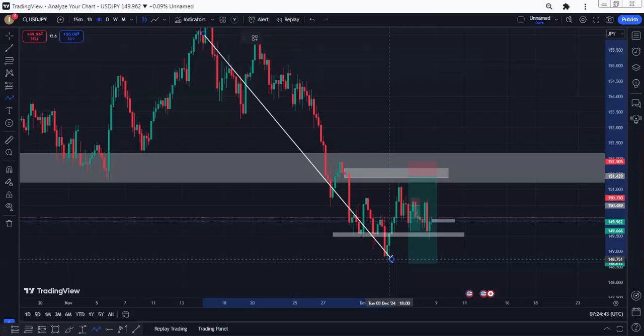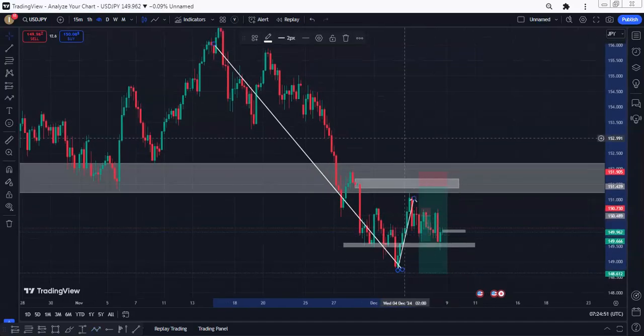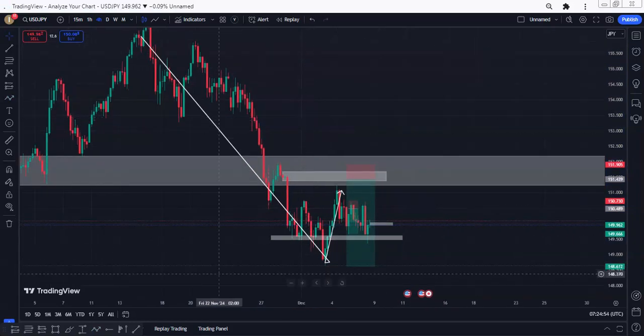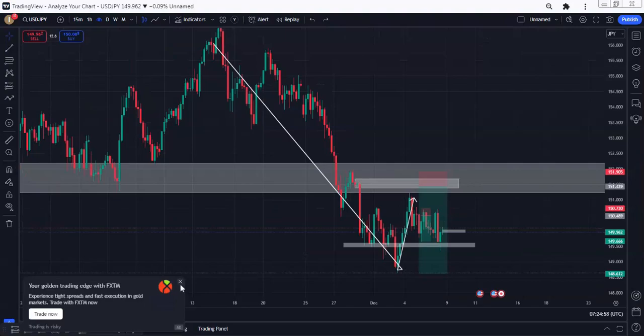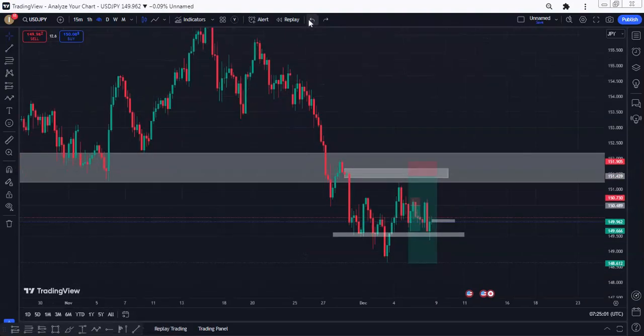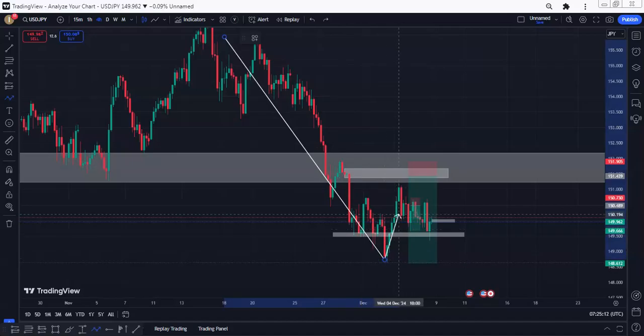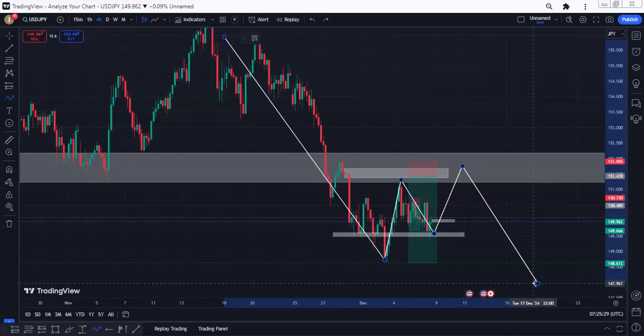And inside a pullback, you still have waves, wave A, wave B. This is the main wave, started from here down to this downside. This is the major, then wave A, wave B, then wave C. So this is what I'm waiting for, the ABC wave to continue this trend to the downside. We are currently on wave B right now.